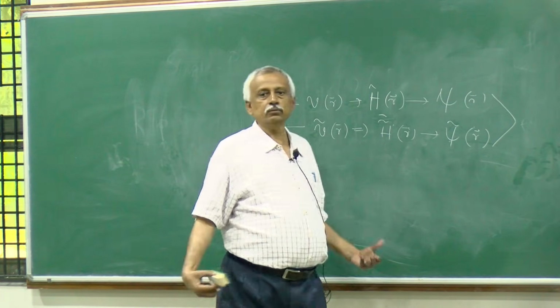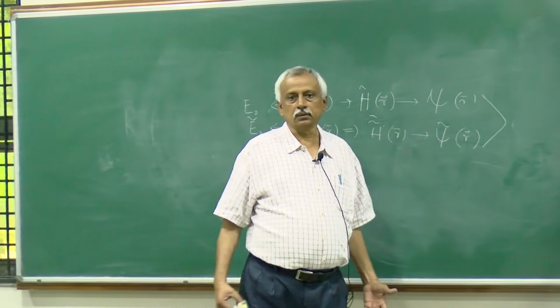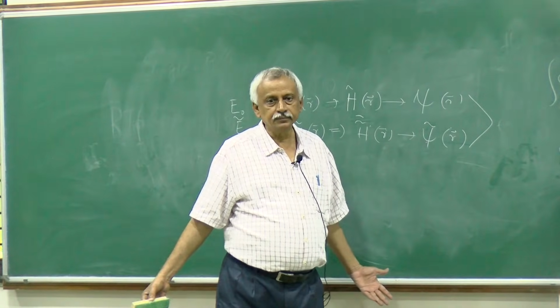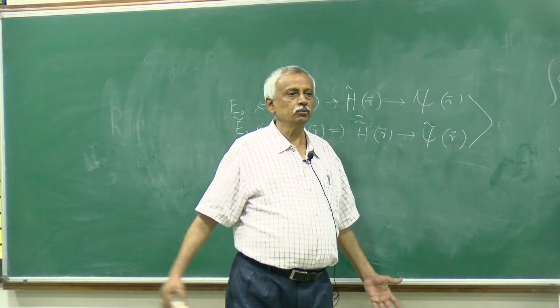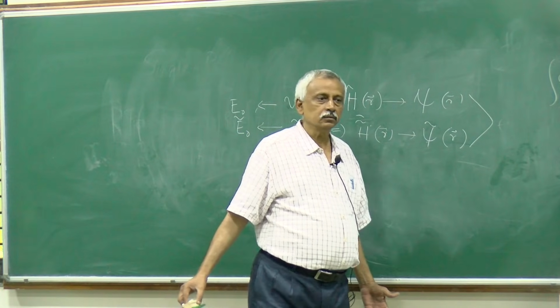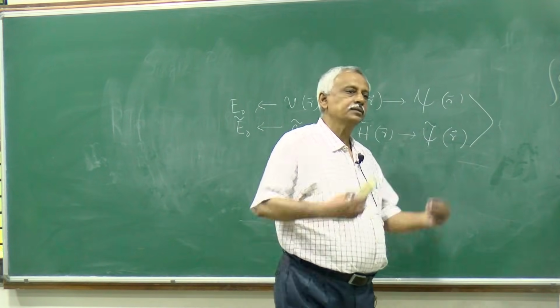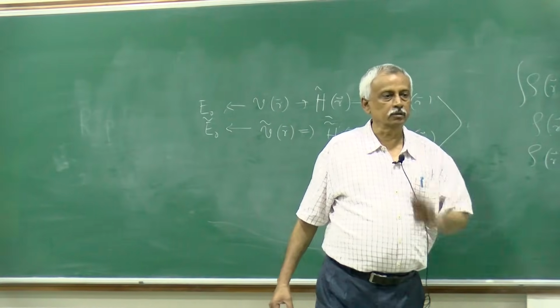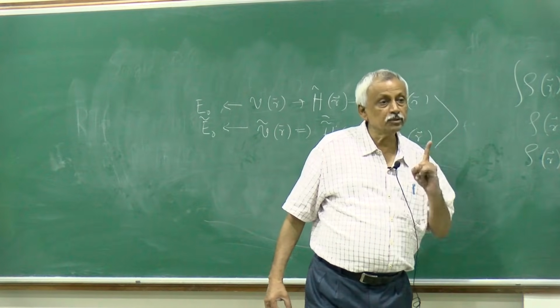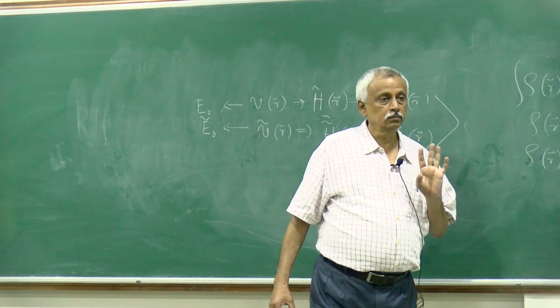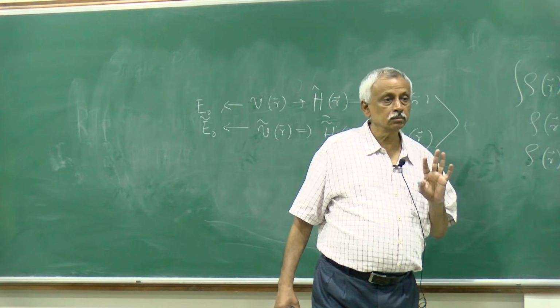Now let's say we are talking about two different systems. Just let me ask, how do you define any quantum mechanical system? What is the only information you know about a quantum mechanical system? If you are talking about a water molecule, which information do you know about it?